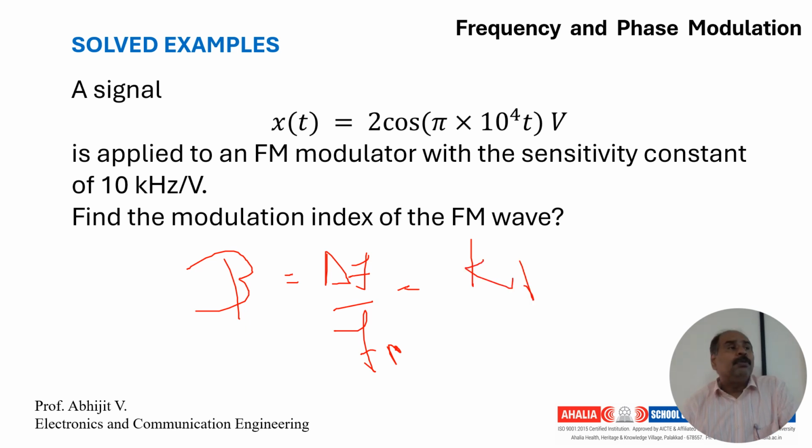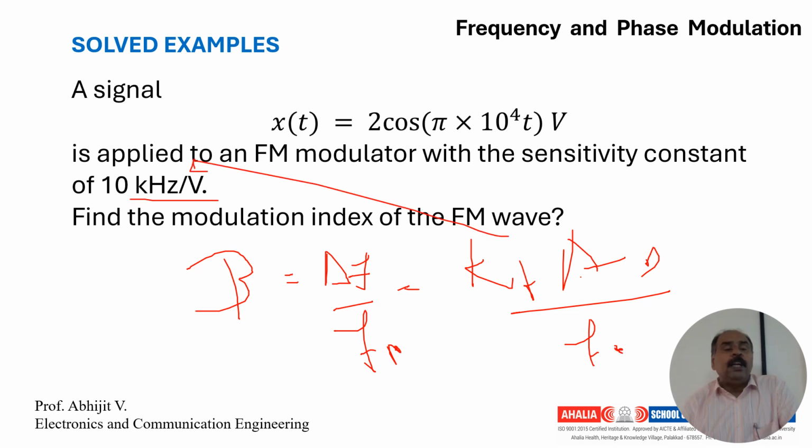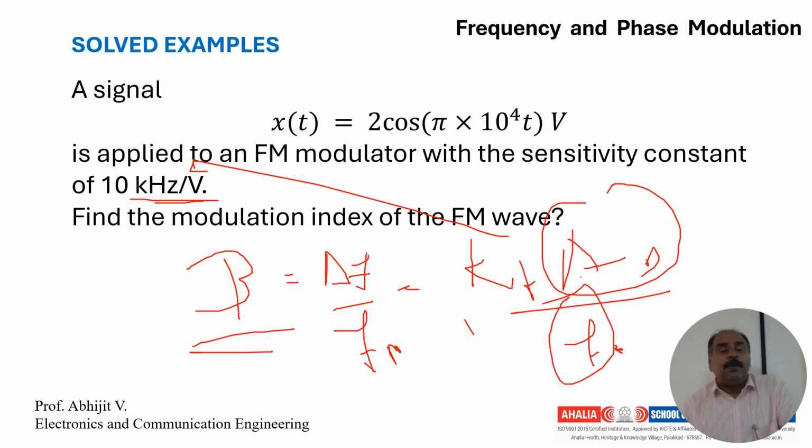Kf into Am by fm. Now Kf is given here as 10 kilohertz per volt. Am if you know and fm if you know, you can calculate beta. Both these things you will get from this equation, right? Yes or no?